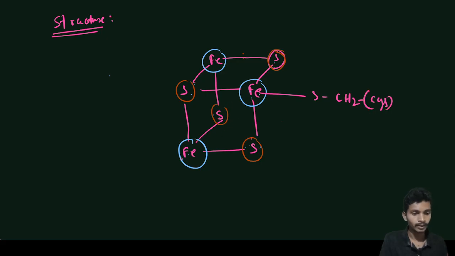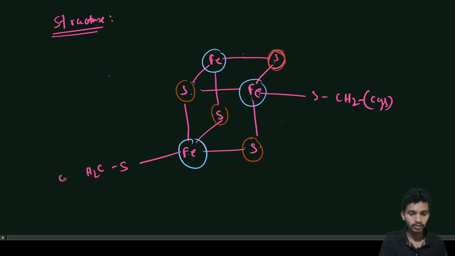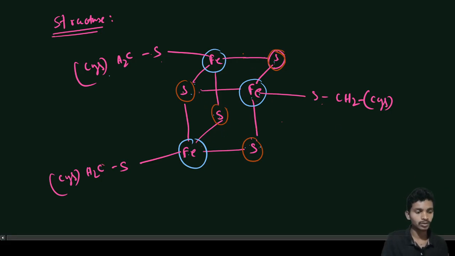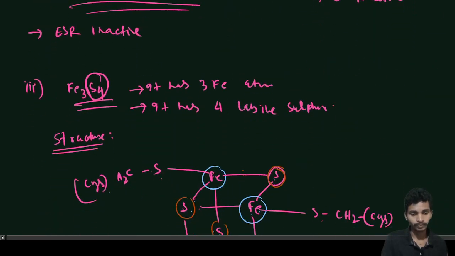Similarly here, this is also another S, CH2 cysteine. Similarly this and this is also another S, CH2 cysteine. Okay, so you see that in every case this iron is attached with 4 sulfurs, 1, 2, 3, 4. Okay, so this is the structure of Fe3S4.